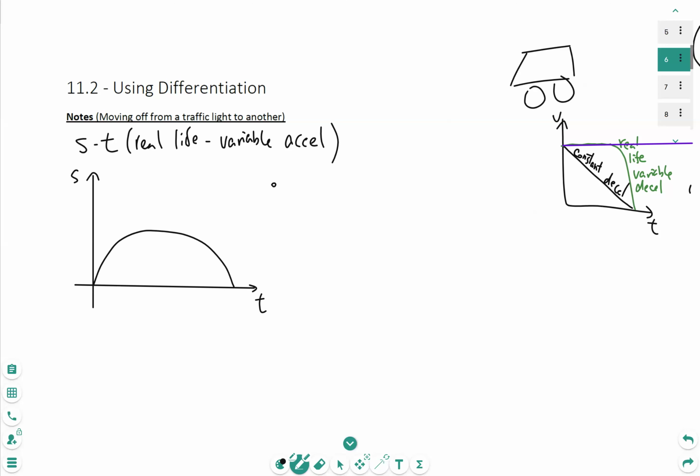So the gradient is velocity. We know that the gradient is velocity, and gradient can be found using differentiation.